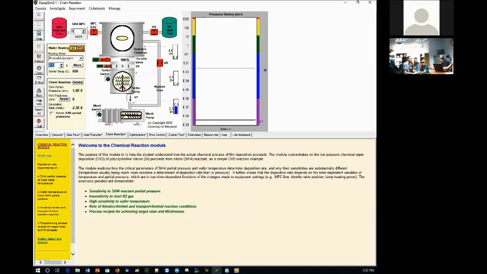Now, first, how much should we flow? That's a good question. Well, let's start from small numbers, like 1 SCCM. Let's see what that will bring. Okay, so I'm giving only 1 SCCM, and then it's bringing me 1.6 times 10 to the minus 3.